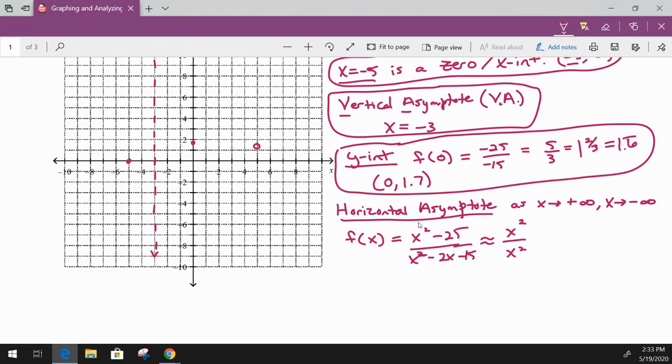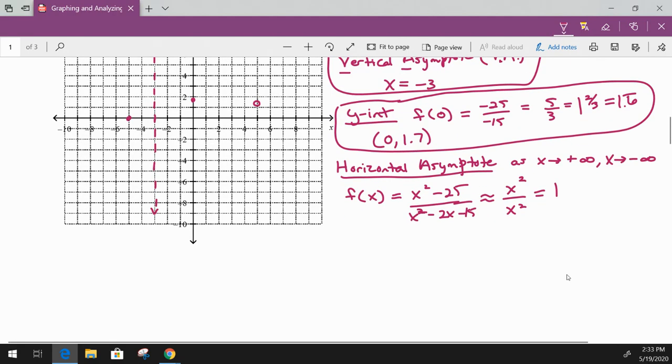So it's the highest degree term in the numerator over the highest degree term in the denominator, because these other terms basically become insignificant as we go to positive and negative infinity. If we reduce x squared over x squared, we basically get 1.